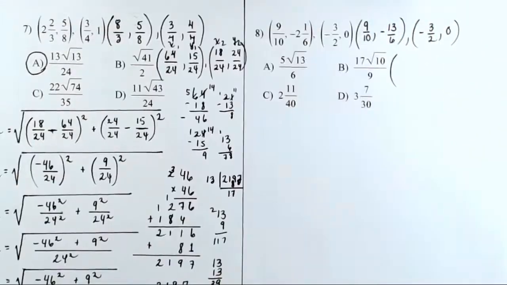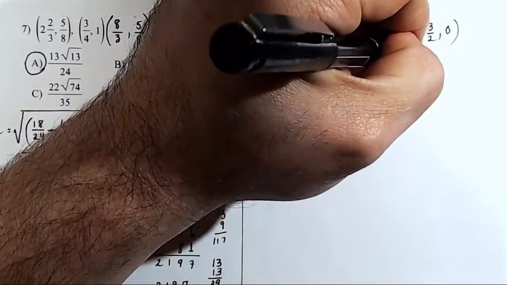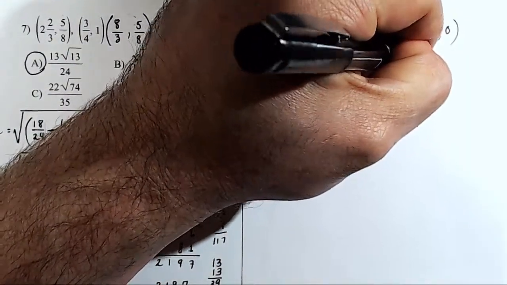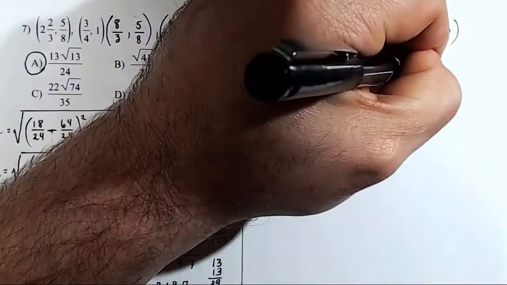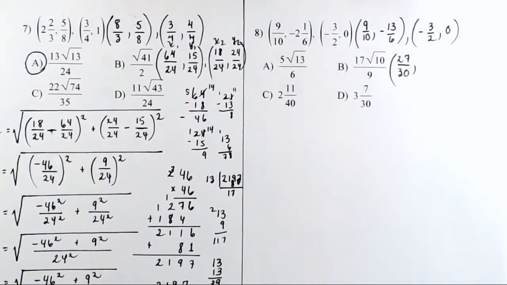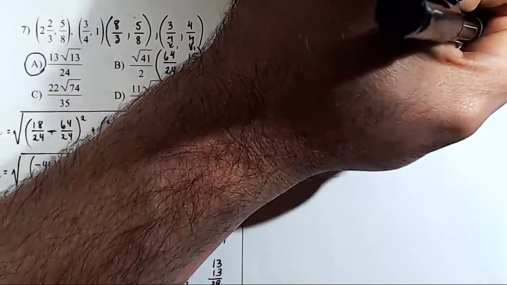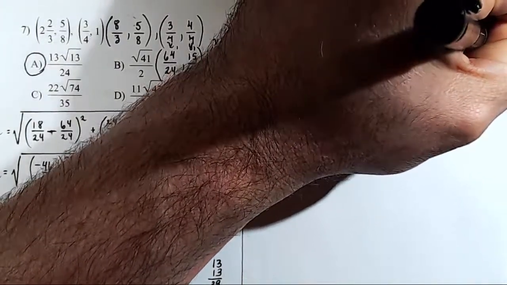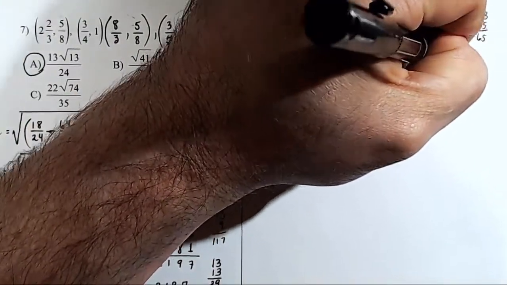So here we go. 9/10 times 3/3 is going to be 27/30, comma, 13/6 times 5/5. I don't know what 13 times 5 is. 65. So this will be -65/30.